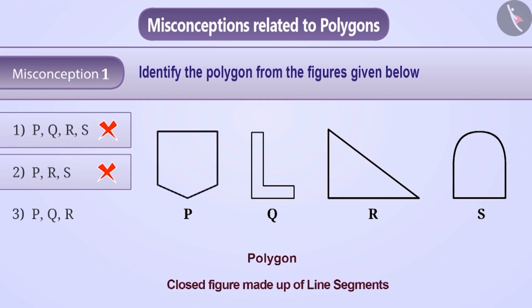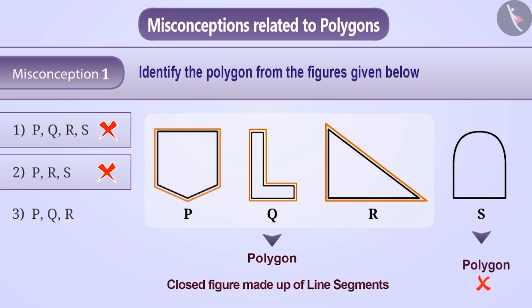In the figures given, P, Q and R are made of line segments, therefore they are polygons. But figure S is not completely made of line segments, therefore it is not a polygon. Hence, in the given figure only P, Q and R are polygons. Therefore, the correct answer of the given question is option 3.